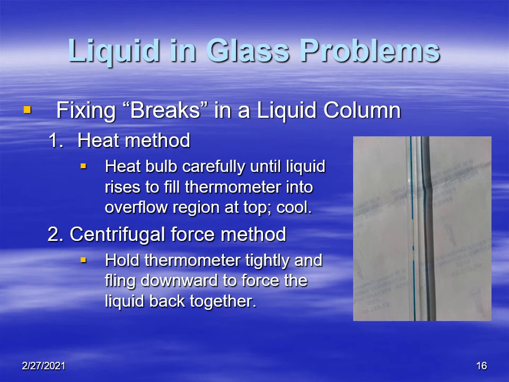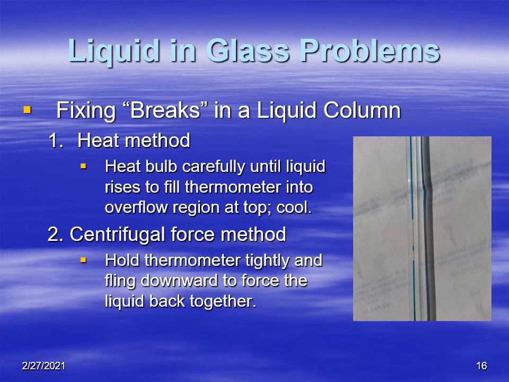If you do get a break, like you see here in this image, a break in your liquid column, your thermometric fluid, then there are three ways you can correct that. Either you can heat the bulb, but don't put it in a very hot flame, otherwise it'll shoot out the top of the thermometer, the fluid.